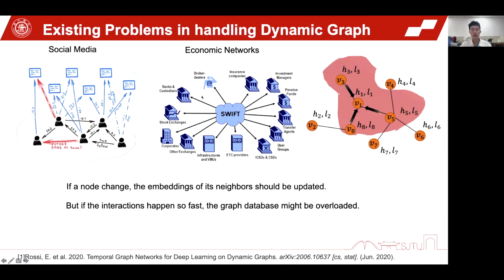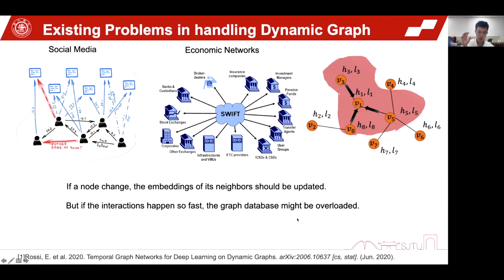In economic networks, users always transfer their money to a new company or a new bank. So in a dynamic graph, if a node changes, the embeddings of the neighbors should be updated. But if the interactions happen so fast, the graph database might be overloaded.